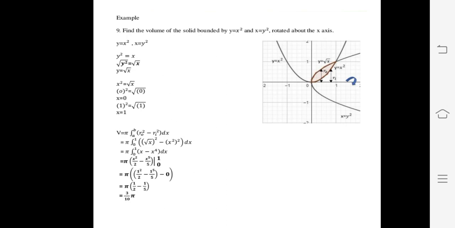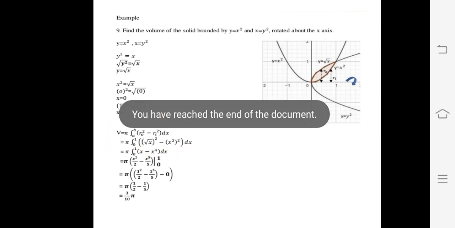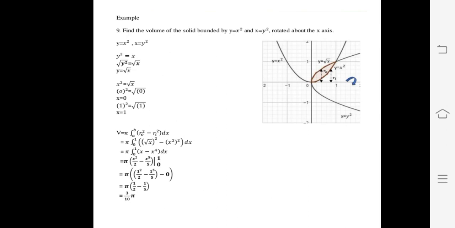Next, let's proceed to the formula of the washer method, bounded about the x-axis. We use the formula volume is equal to pi times the integral from a to b of r sub 0 squared minus r sub i squared dx. So copy pi, and substitute the values of b and a, which are 1 and 0. The value of r is the square root of x squared minus x squared, then squared dx.